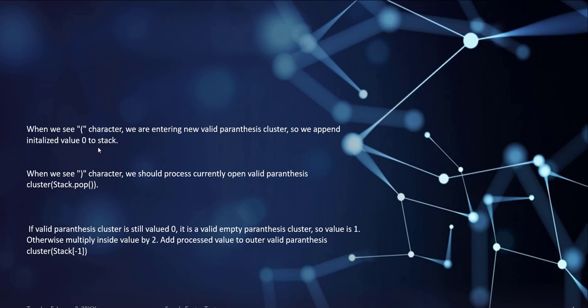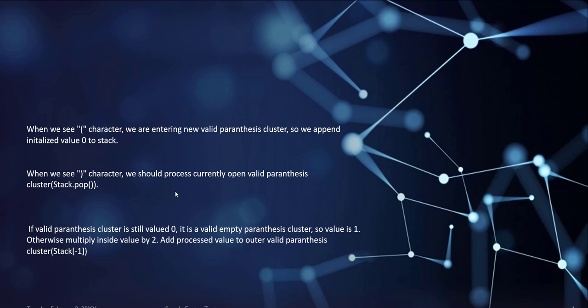So our solution would be like this. When we see an opening parenthesis, we are entering a new valid parenthesis cluster, so we append an initialized value 0 to the stack. Now when we see the closing parenthesis character, we should process the currently open valid parenthesis cluster.